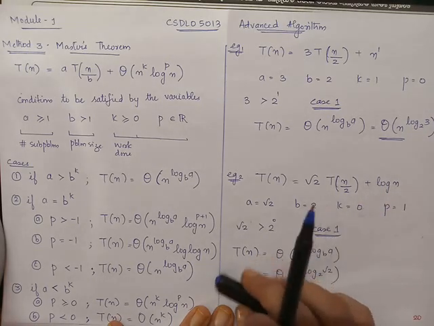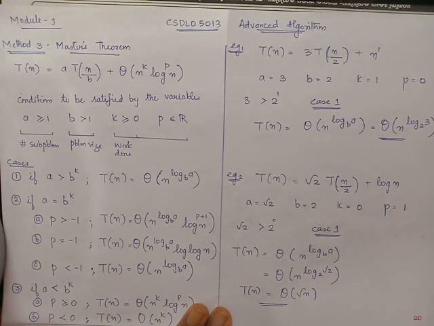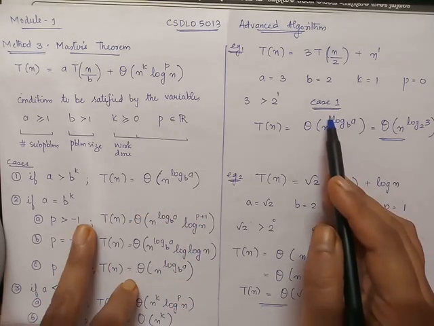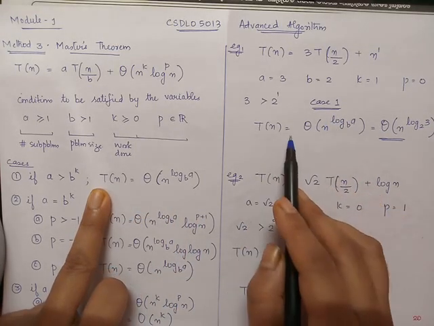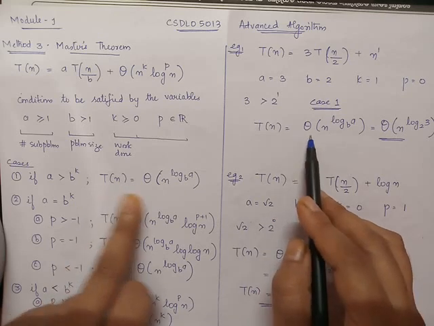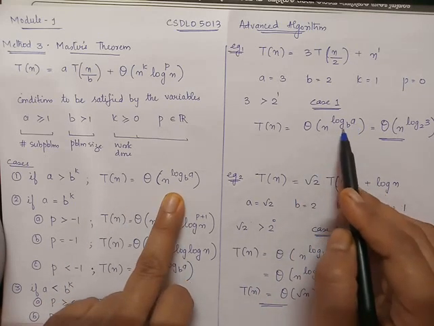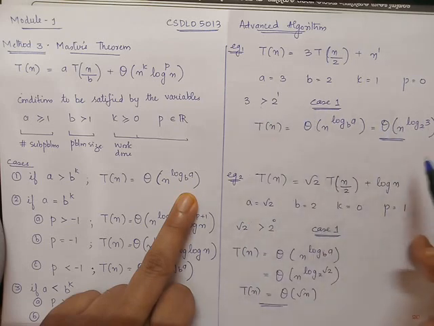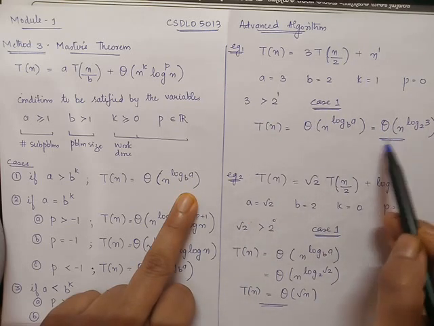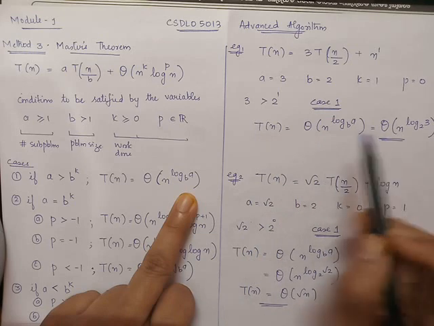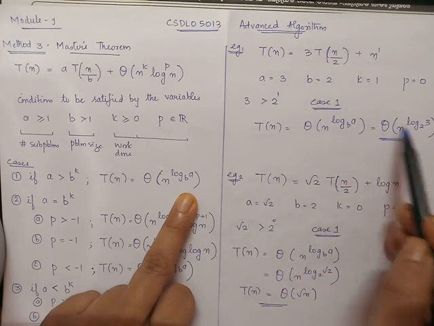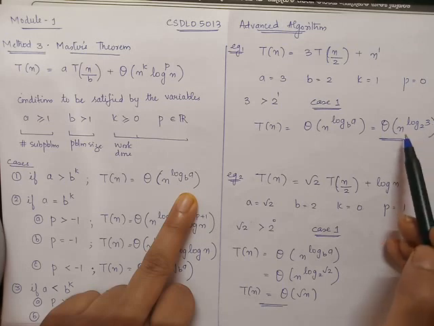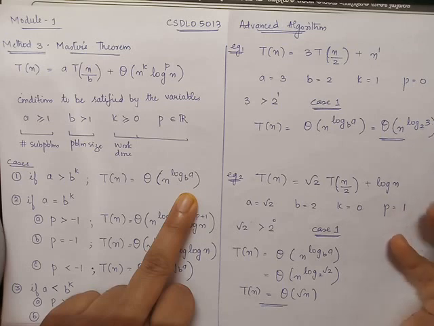Now it's very clear that 3 is greater than 2 raised to 1. It says that we are in case 1. So T(n) is equal to theta of n raised to log a to the base b. Since we know the values of a and b, we can substitute them here. So we get the time complexity of this recurrence relation as theta of n raised to log 3 to the base 2.